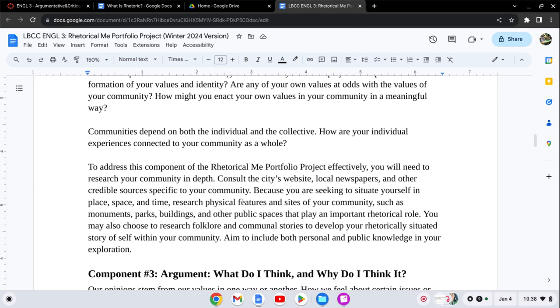So again, as I mentioned a little bit ago, it's important that you research your actual city's website. So find your city's website. Again, if you don't know the actual URL, you can Google city of such and such website, and it should pop up. But also look at some of the newspapers that are within your community. For example, in Long Beach, we have the Press Telegram.